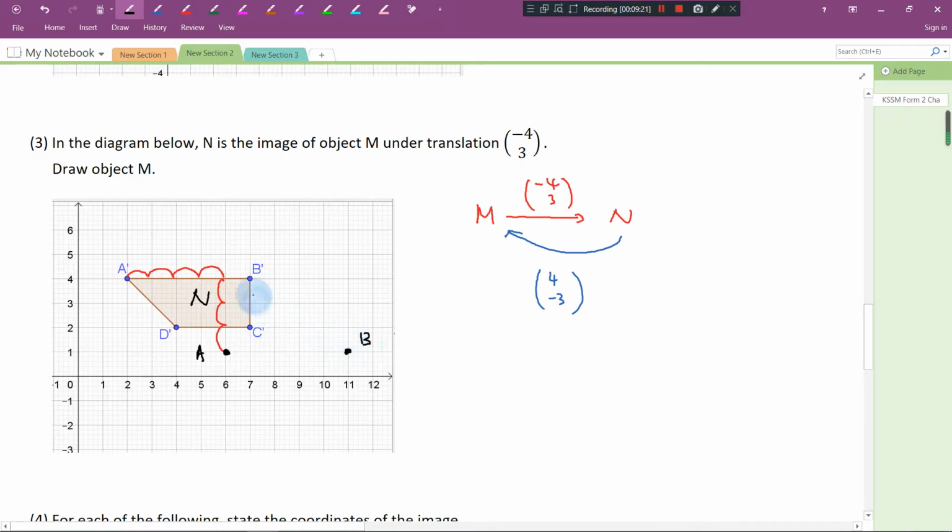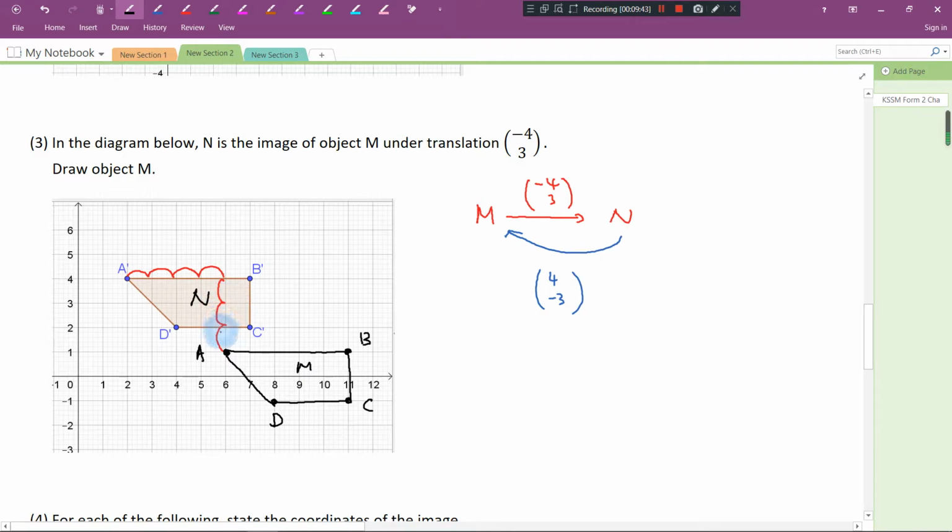So this is B, and then go down 1 2, and then go to your left 1 2 3. 1 2 3. So this is D. So I connect all this together. So this is M. This is the object, this is the image.